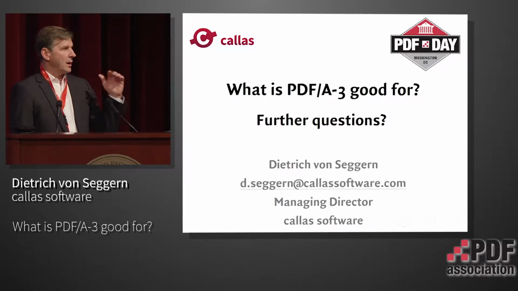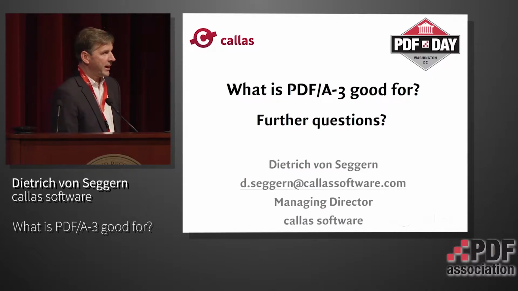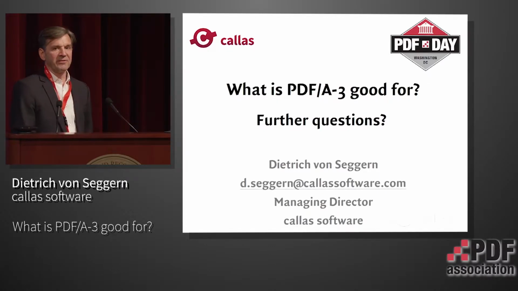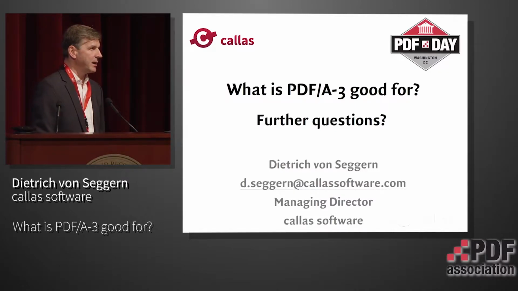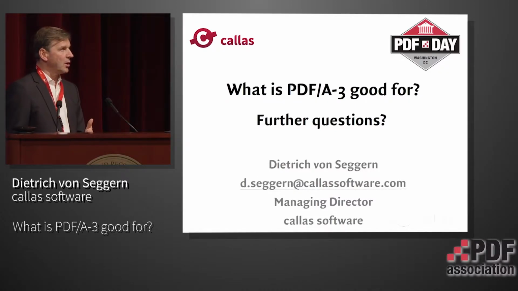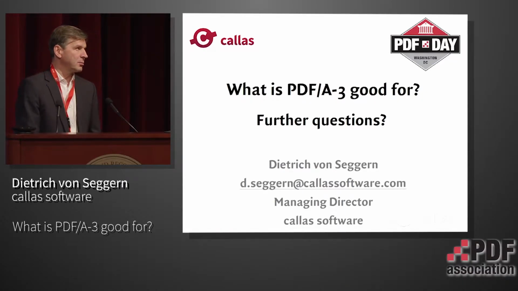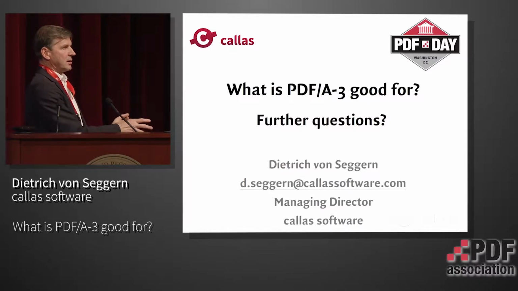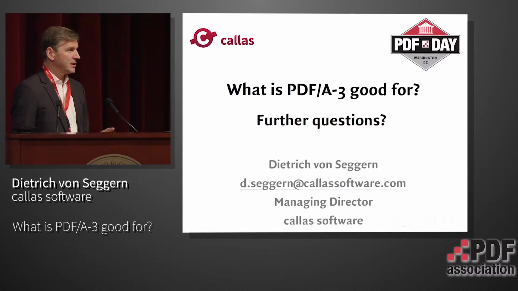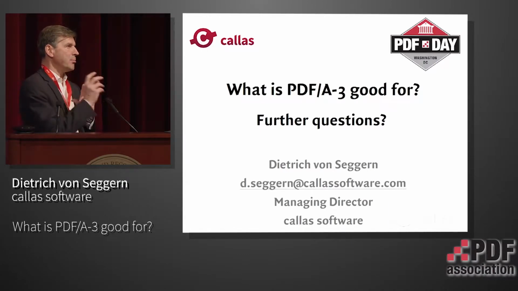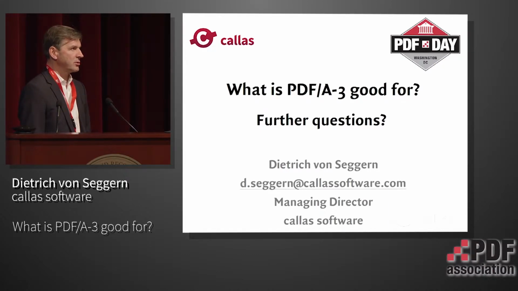Another use case, one that Matt has mentioned beforehand, is when you have a digitally signed PDF file and you need to convert it to PDF/A. If you do so, you would obviously break the signature. So what you can do, and we have customers that do so, is take the digitally signed PDF file, create a PDF/A out of it and remove the signature, and then embed the digitally signed PDF file into the PDF/A-3 container.